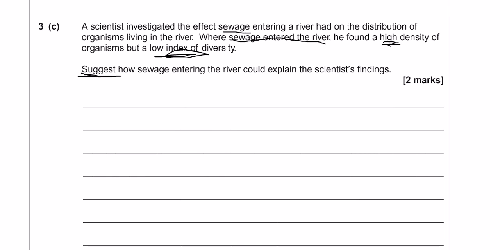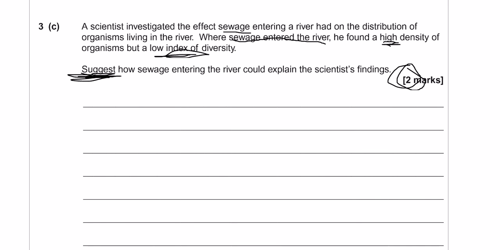The question is saying suggest. I like that, again, suggest. There are lots of reasons how sewage entering the river could explain the scientists' findings. You've got to be careful you don't get carried away here, because it is only 2 marks. You might want to talk about the fact that sewage depletes oxygen, or it can kill certain species.